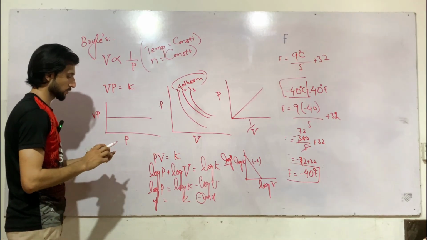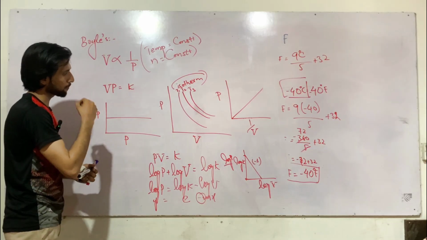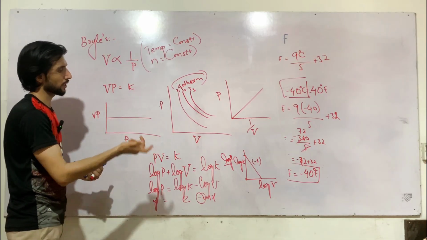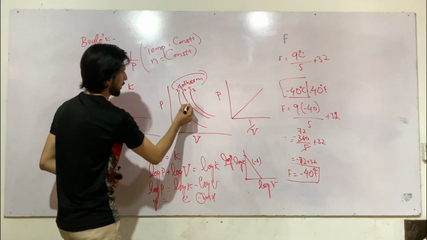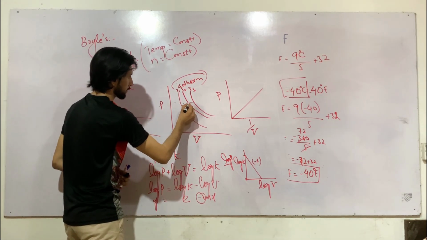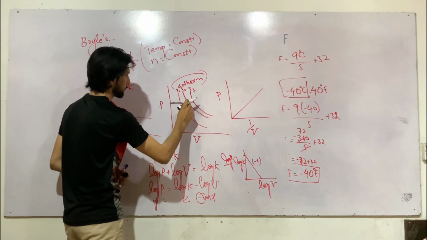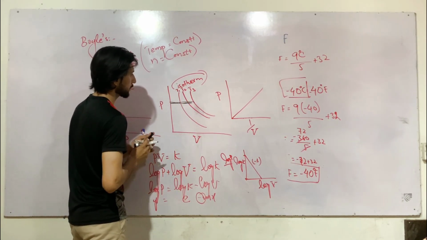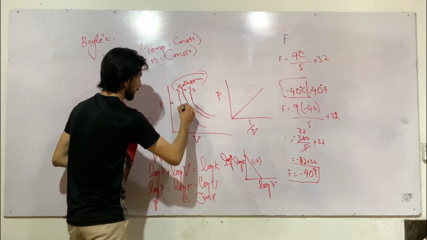For that, I have to draw a perpendicular and a parallel to any of the axes. Suppose I am drawing a perpendicular to this axis. Okay, this perpendicular. Sorry, I have to correct it.